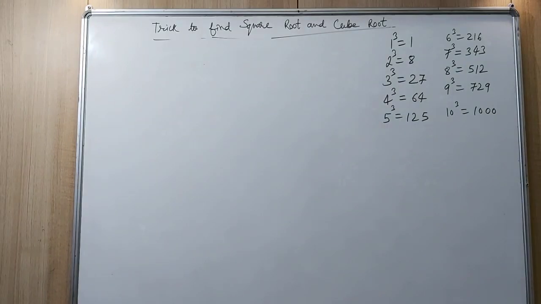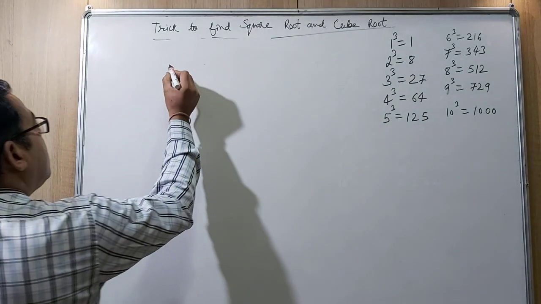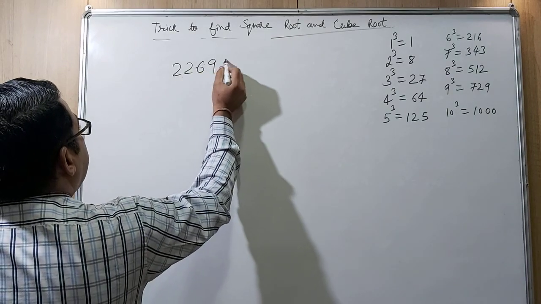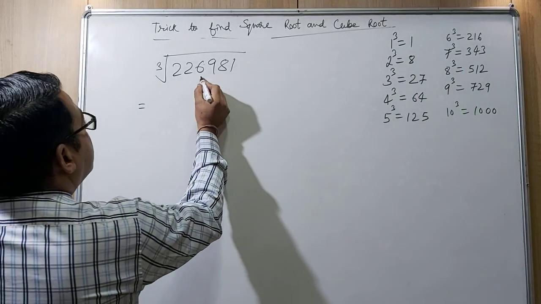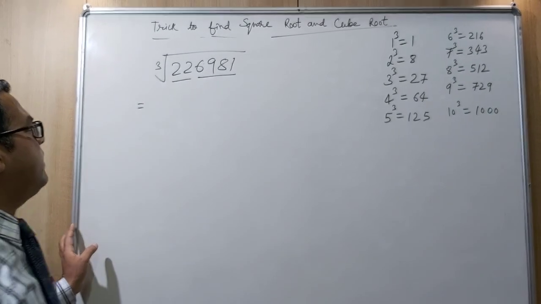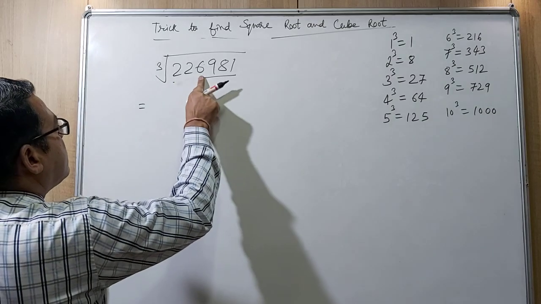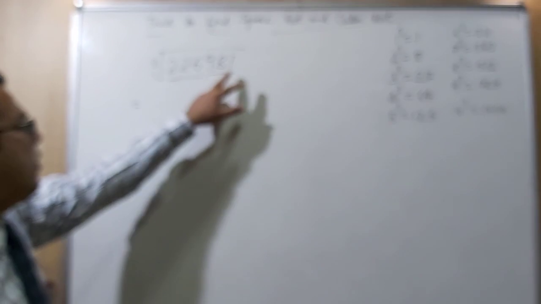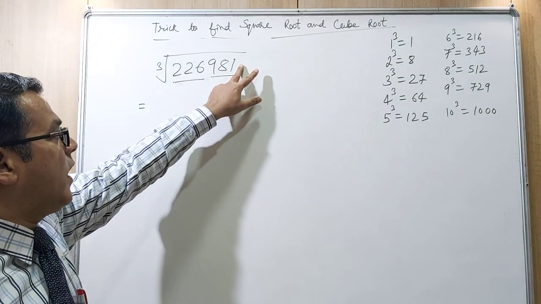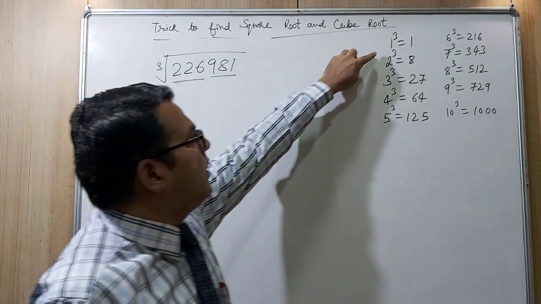One more number I am taking now to make you understand. This is 226981. Right? So groups of 3: this is the first group, 981, and this is the second group, 226. The last digit is 1. So whose cube gives us 1 only?